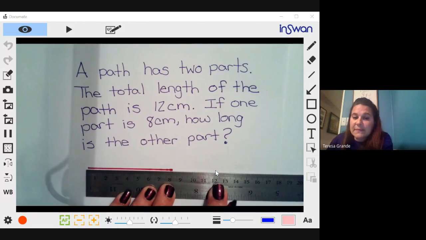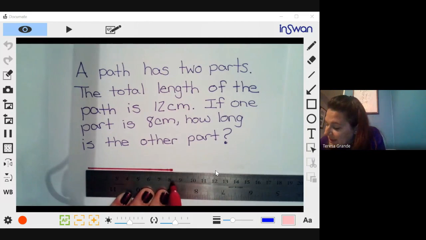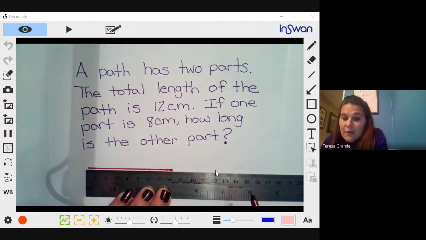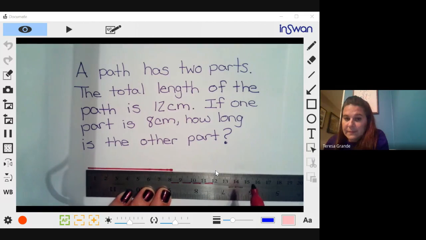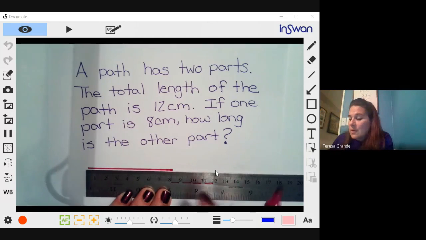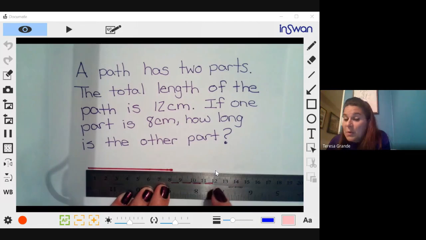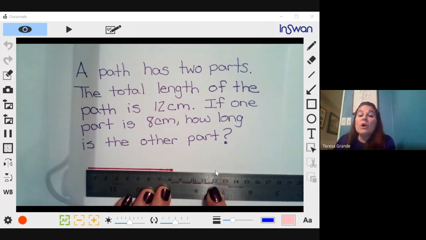We're going to look at this ruler. So from here to here is 1. From the 9 to the 10 is 2. From the 10 to the 11 is 3. From the 11 to the 12 is 4. So from 8 to 12 is 4. We need to add 4 more centimeters to make the path a total of 12.